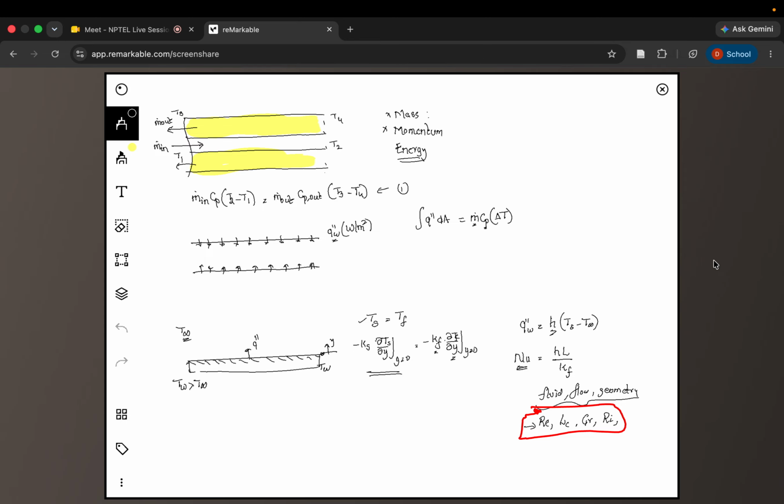Then we will find functional relations between the Nusselt number and these non-dimensional numbers. This functional relation will keep on changing, so we have to pick the correct relation for the problem of interest, determine the h value, and then we can find one of the unknowns from this equation.